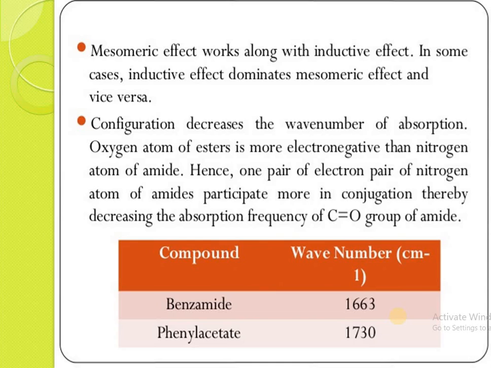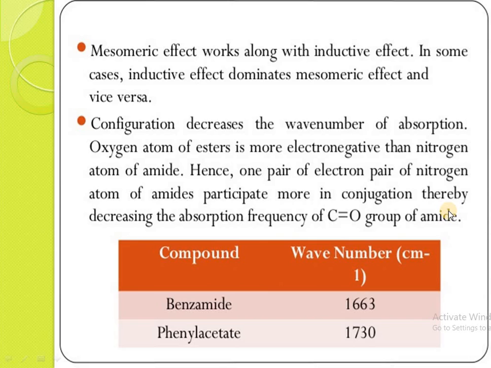The oxygen atom of esters is more electronegative than the nitrogen atom of amides. If we compare the ester group and the amide group, in the ester group COOR, oxygen is present. In the amide CONH2, nitrogen is present. The lone pair of electrons of the nitrogen atom of amides participates more in conjugation, thereby decreasing the absorption frequency of the CO group of amides.